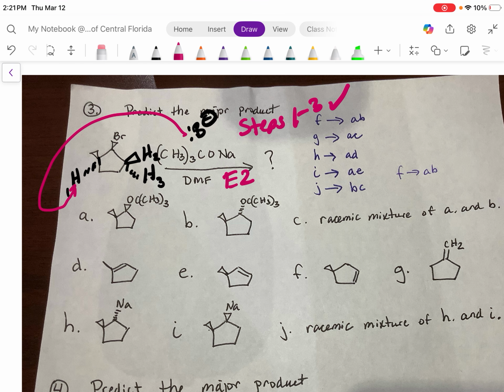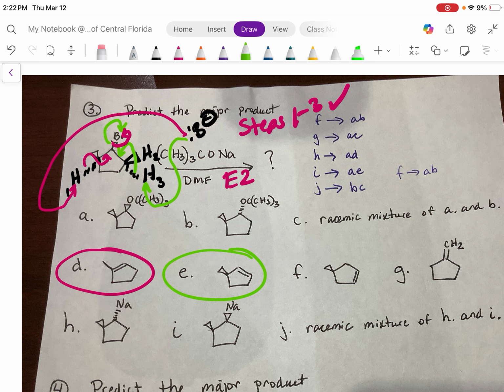It would have to be D if you abstracted H1. But that base could also have abstracted H3. Let me finish the red mechanism here. So both are plausible. And the green arrows would have given us this as our product. So we have issues going on here.